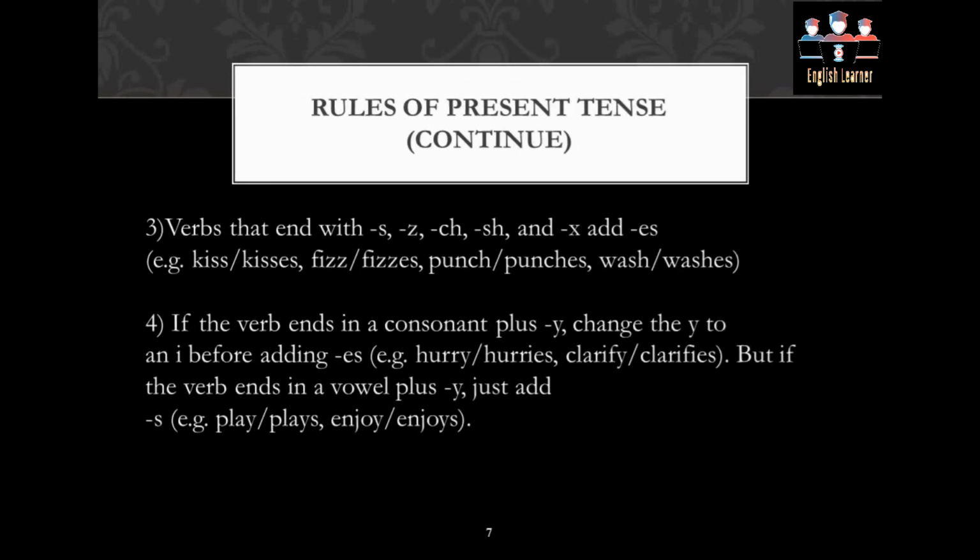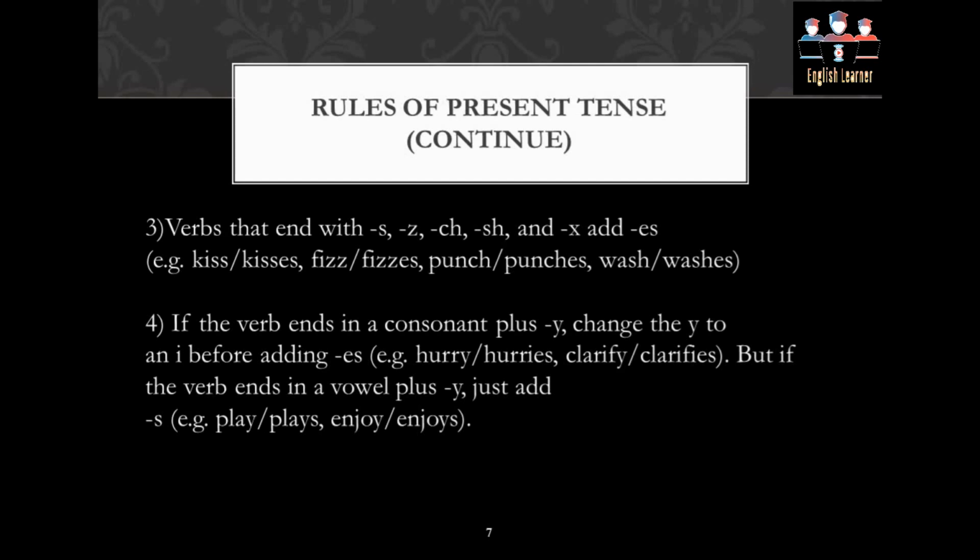Rule number 3. Verbs that end with s, z, ch, sh and x. We have to add es at the end of these kind of verbs. For example, kiss ending with s, we have to simply add es with it. It will become kisses. Fizz is ending with z, so we have to place es at the end of it.